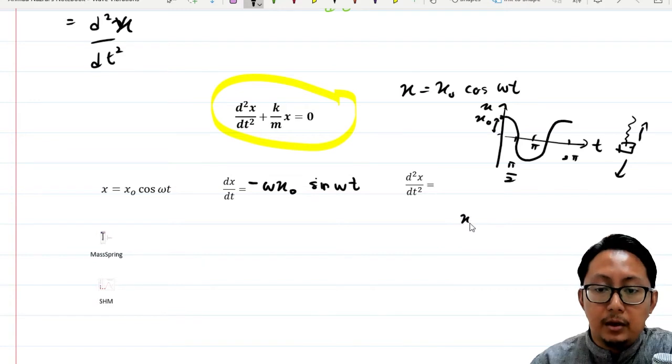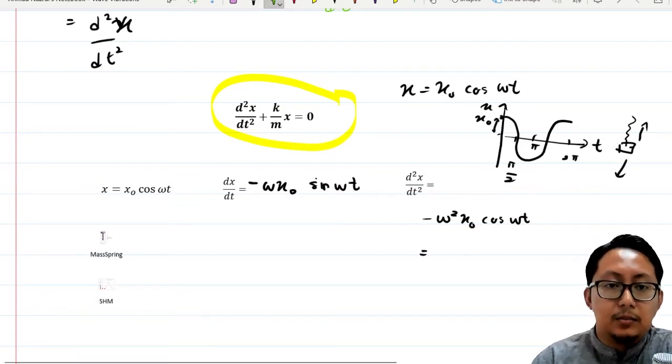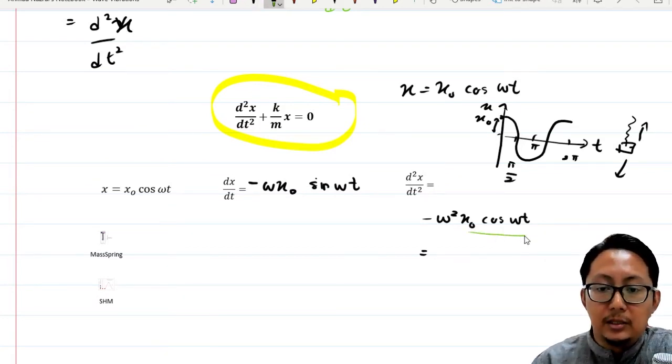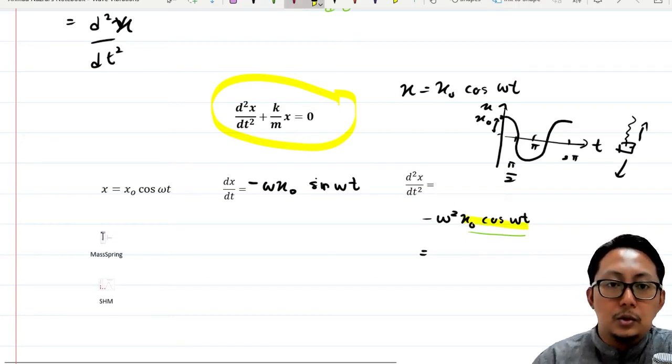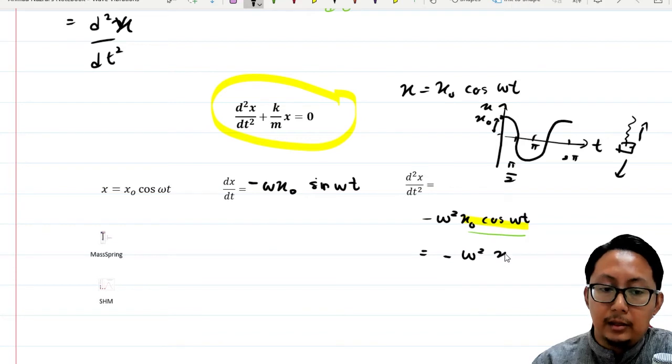So we have x naught cos omega t, and differentiating again, omega comes to the front, so we have omega square because we have omega here. To make it simpler, x naught cos omega t is equal to x. So for the double differentiation, or the acceleration, we have minus omega square x.